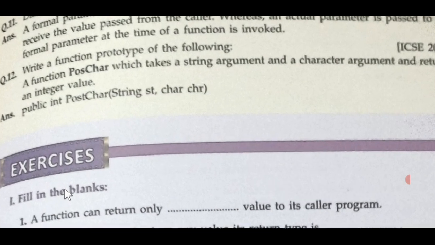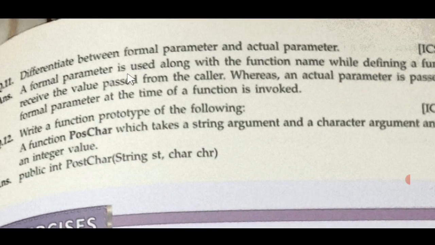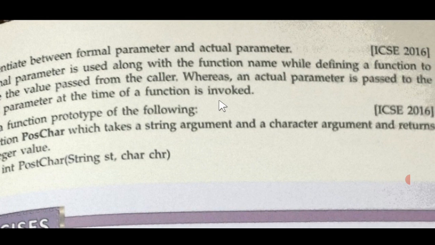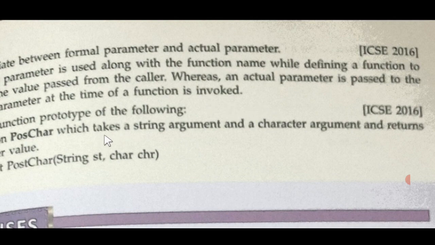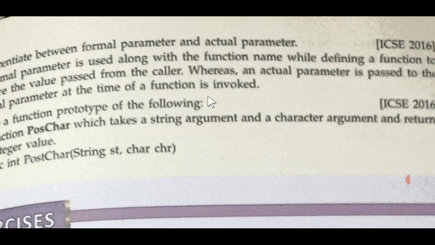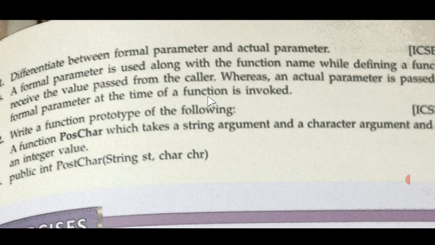You can see here, differentiate between formal and actual parameters. I've already told you, formal parameters are used along with the function name while defining a function to receive the value passed from the caller, whereas an actual parameter is passed to the formal parameter at the time the function is invoked. Very simply, formal parameters are the ones specified in the function definition, and they receive values through the function call.